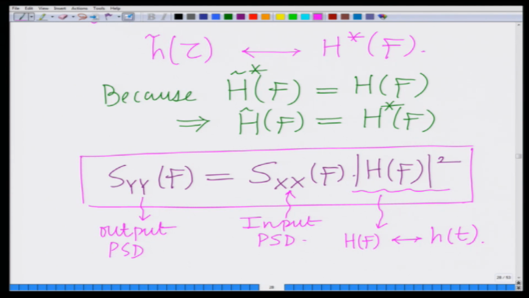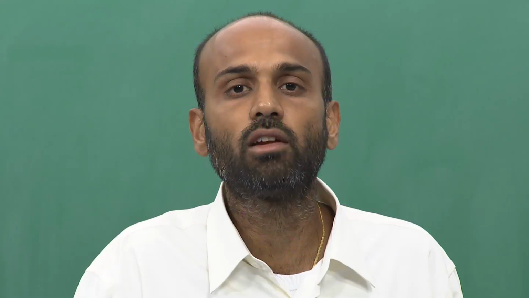So, what we have shown is that the output power spectral density S y y of f is equal to the input power spectral density S x x of f times magnitude square of the Fourier transform of the channel response, of the channel frequency response, that is magnitude h of f square.